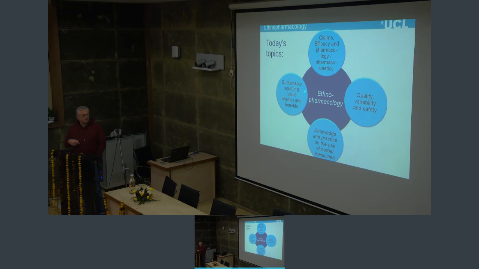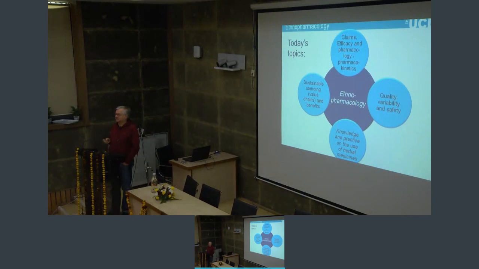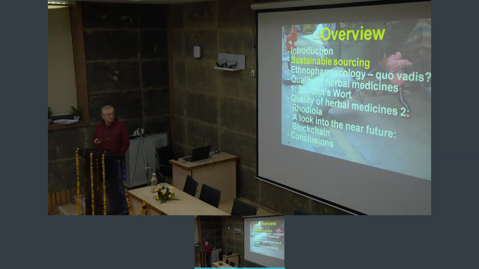The other two are then here. One is the quality, variability, and safety. And the other one is the sustainable sourcing, including benefits associated with it. Now, you will say there are other topics which need to be covered, but I think as a big picture, in order to structure our thinking, it's very useful.